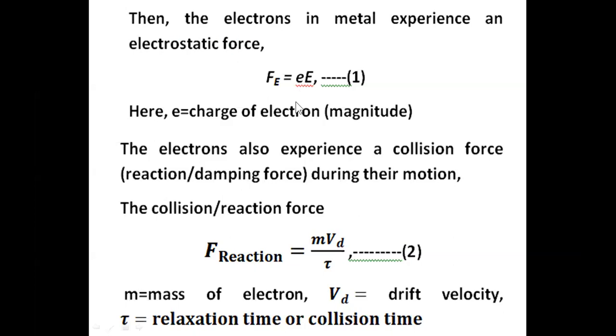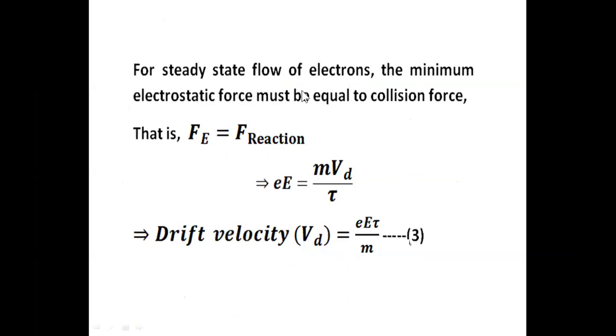That means if you want a steady state flow of electrons, the minimum electrostatic force must be equal to the collision force. Only if you give a force at least equal to the collision force can you expect a net resultant acceleration in a particular direction driven by your electric field.